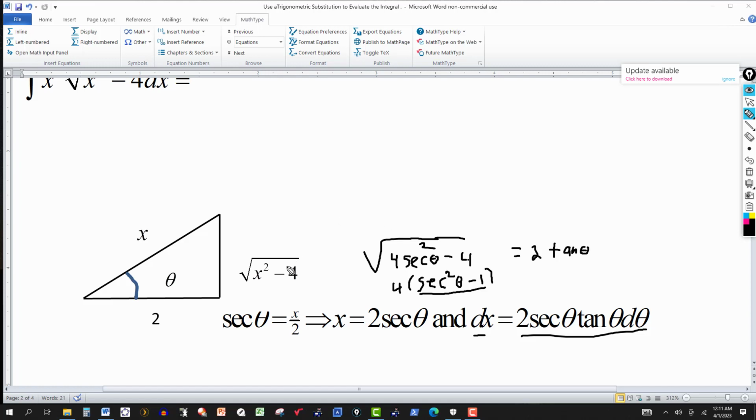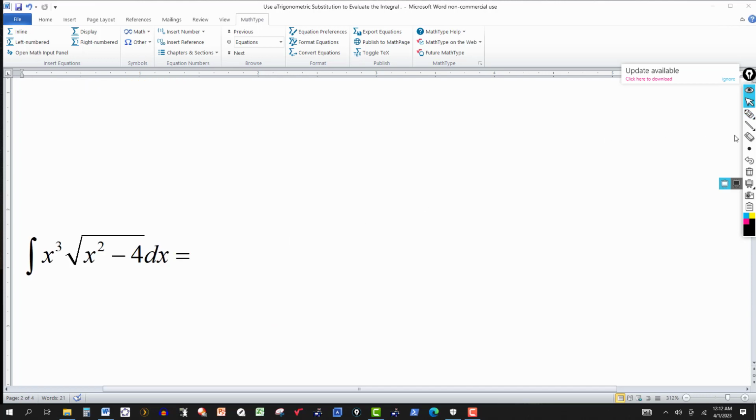So again, in the integrand where I have this expression here, that'll be replaced by 2 tangent theta. Where I have an x, that'll be replaced by 2 secant theta. And where I have the dx, that will be replaced by 2 secant theta, tangent theta, d theta. And then simplify, and the integral we get should be one involving theta only. So right here then, set this up.